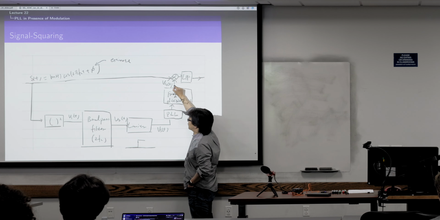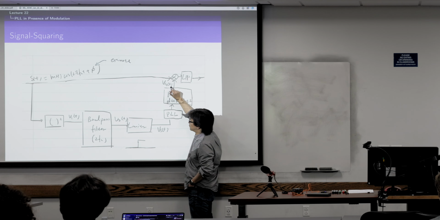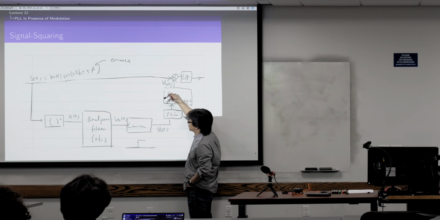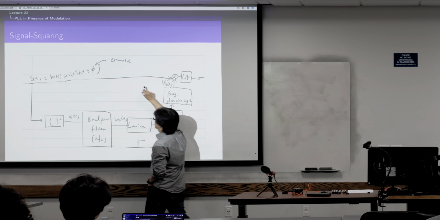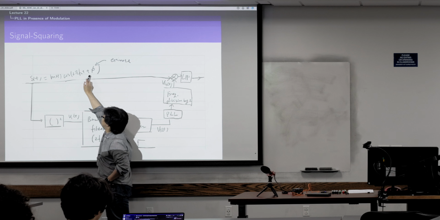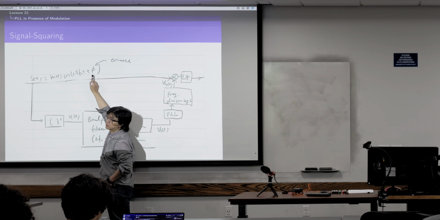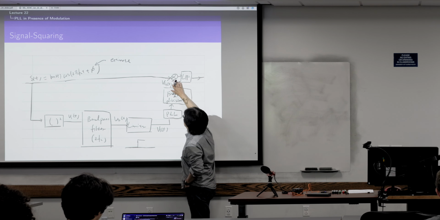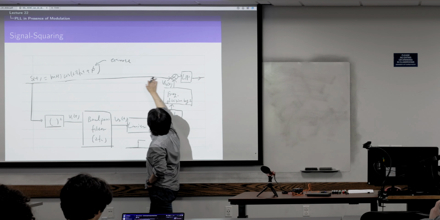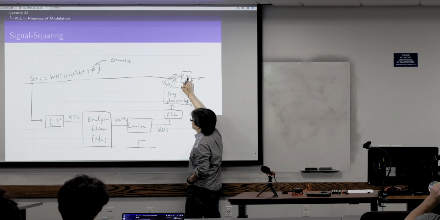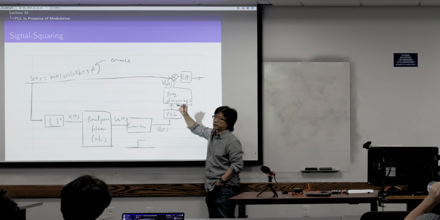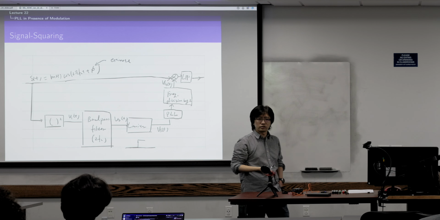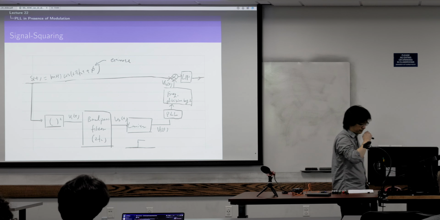Now, at this moment, we have the subcarrier with the same phase. Okay, so now if we have the same phase, then we can do a coherent detection, right? We multiply this guy and this guy. Then we pass everything through a low pass filter, and then we can get the original signal m(t).